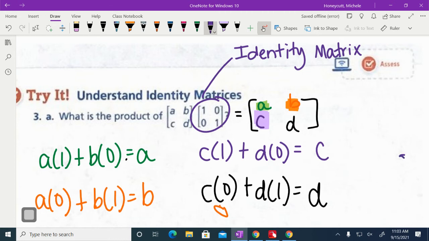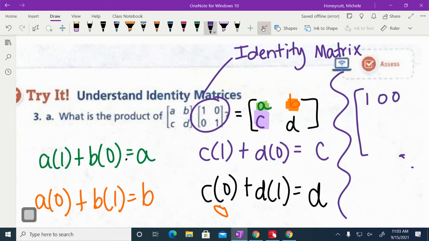This is a 2 by 2 identity matrix. This will only work whenever I multiply a 2 by 2 by the identity matrix. A 3 by 3 would be 1, 0, 0, 0, 1, 0, 0, 0, 1. Yes, the matrices have to be square to have an identity matrix that you can multiply by.